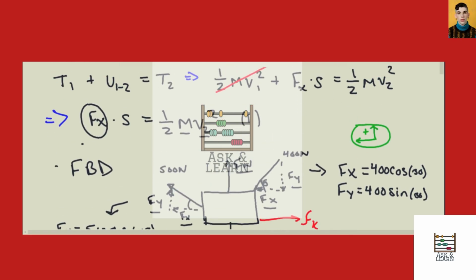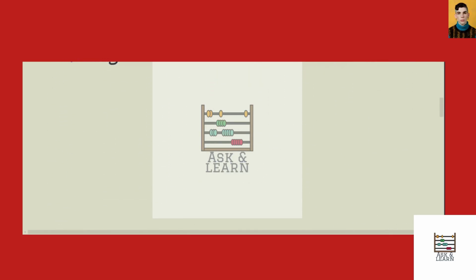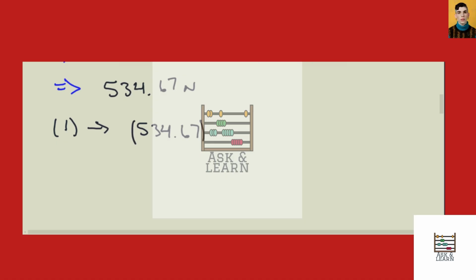So now this number we can plug back in to the equation right here, equation 1. So equation 1 now becomes 534.67 times s, the distance, which is what we're looking for, is equal to 1/2 the mass, 100, times velocity, which is given as 8, squared.